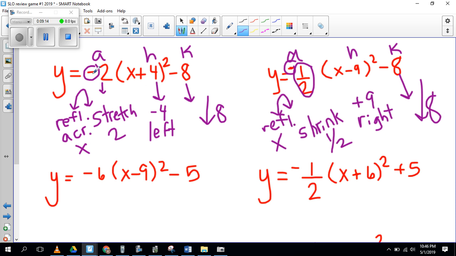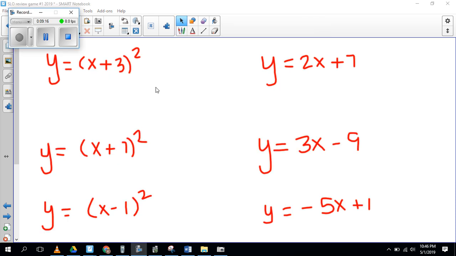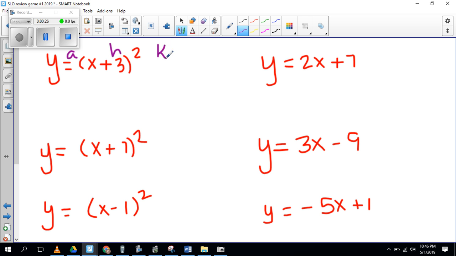So pause the video and do the rest of these. Okay, so the next one here, we're going to label our A, H, and K. Now a lot of people get confused with this one because they ask, where's the K? Well, there's no K, so we can put a +0. Zero is neither positive nor negative, but I put it.